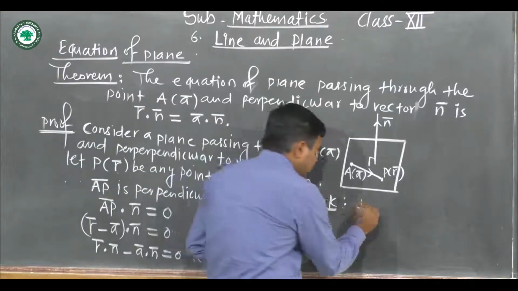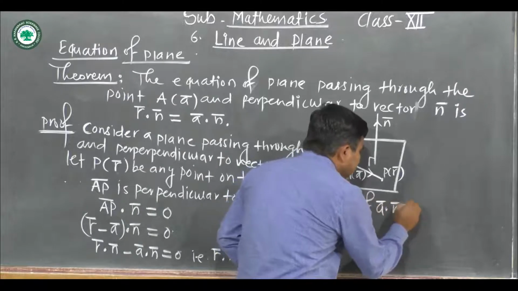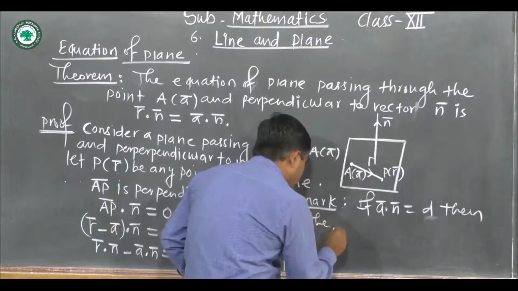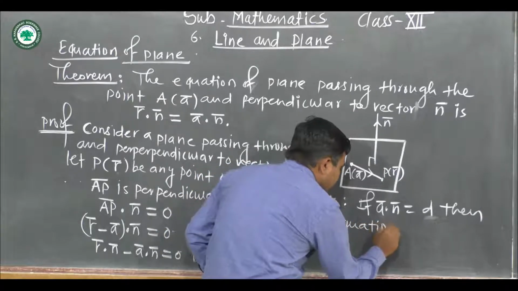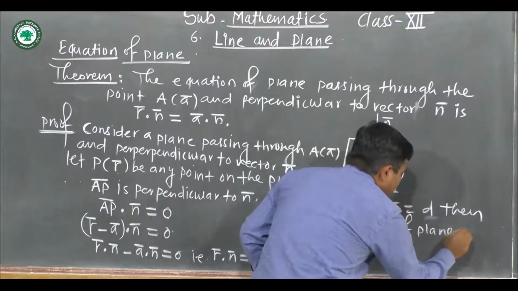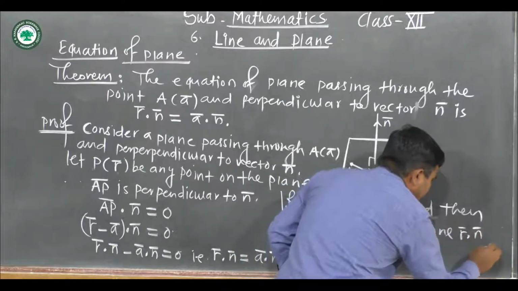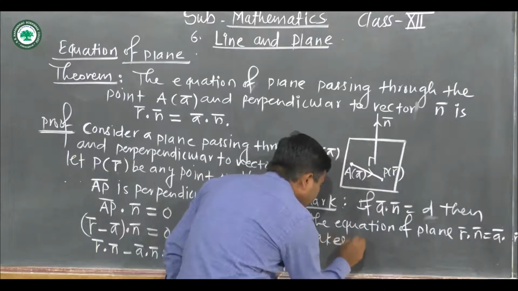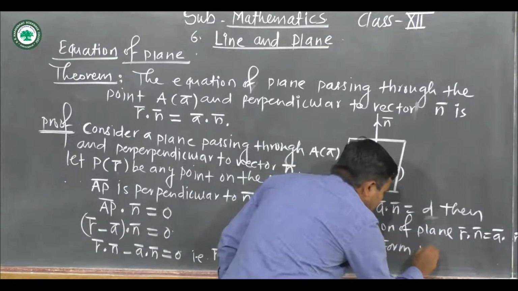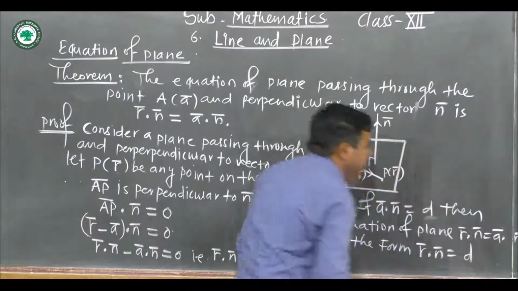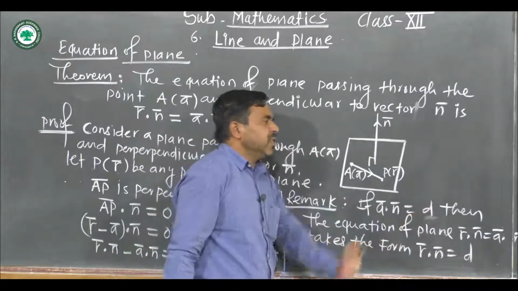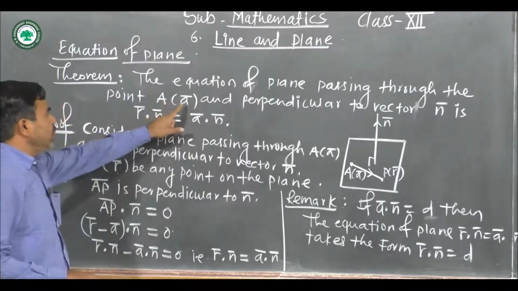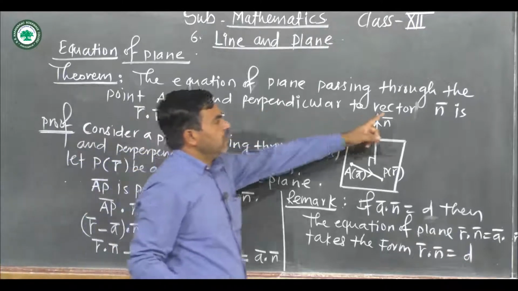So if a bar dot n bar is equal to D, then the equation of plane r bar dot n bar is equal to a bar dot n bar takes the form r bar dot n bar is equal to D, because a bar dot n bar is equal to D. So this is the vector equation of plane passing through the given point A with position vector a bar and perpendicular to the vector n bar.